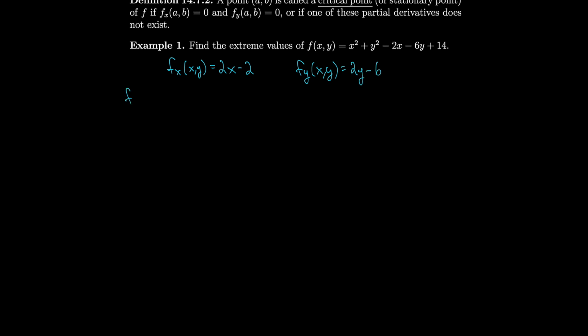The partial with respect to x is 0 when x is 1, and our partial with respect to y is 0 when y is 3. So that means that (1, 3) is a critical point, and I'll just write CP for critical point.